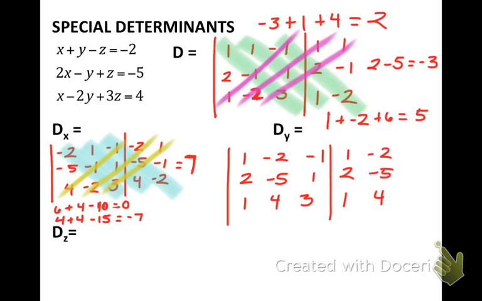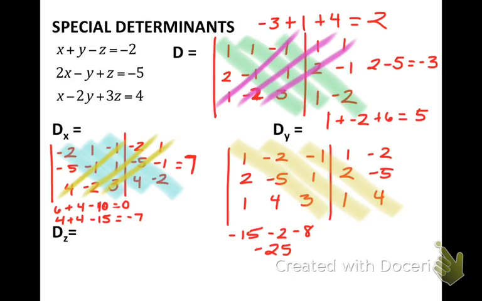All right, let's see if I can do this one with no error. So we get 1, negative 5, and 3 is not 8, negative 15. Negative 2, 1, 1 is a negative 2. And then we got a negative 8. So that gets me negative 25.